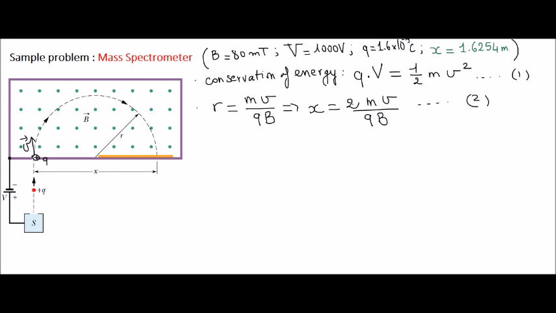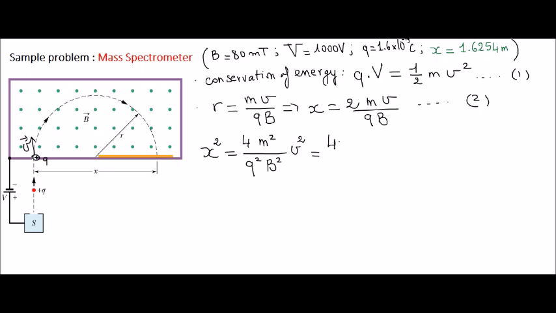From these two equations, I need to calculate the mass. So how will we do that? I take the second equation and I square it. So you will have x squared equal to 4 m squared v squared over q squared B squared. What is the square of the speed? I can get it from the first equation.